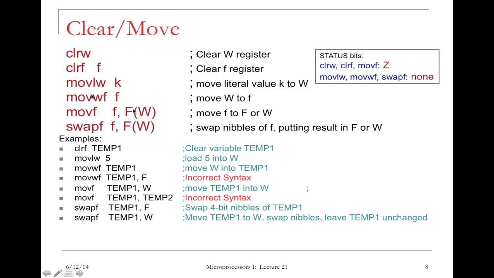We explained earlier that when we see an F instead of W, that is to say, the destination is the same as the source. And since this is the move instruction, what the microcontroller is going to do is to copy the value of variable 3 to itself. Doesn't seem to make sense, right? Why do you need to copy the value to itself?